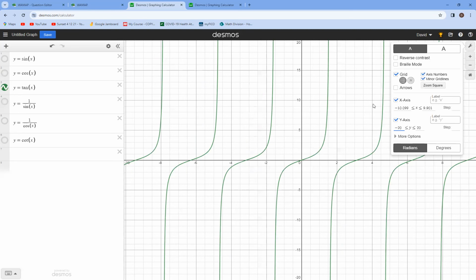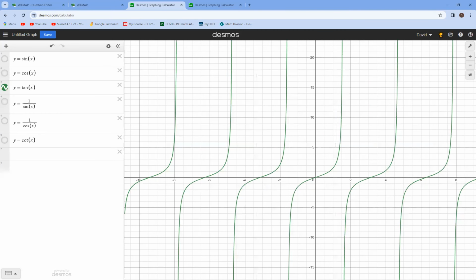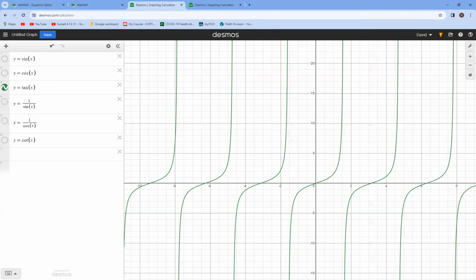What's the relationship here? If you come out some distance along the x-axis, any distance you want, if I come out some distance from the origin, and you look at what the tangent value is versus going that same distance in the other direction. Whoops, I only went 2 units there. 2 units the other direction.